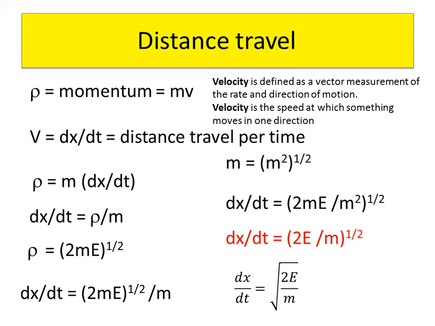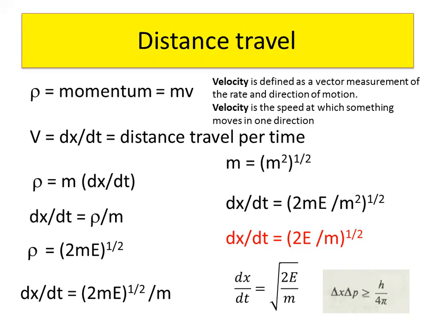Okay? But remember, according to the Heisenberg uncertainty principle, because this is a position, there should be uncertainty in the position and the momentum, and the value is h over 4 pi.